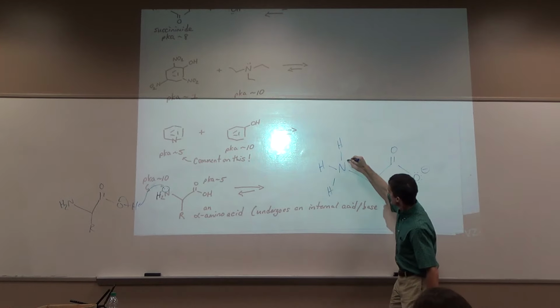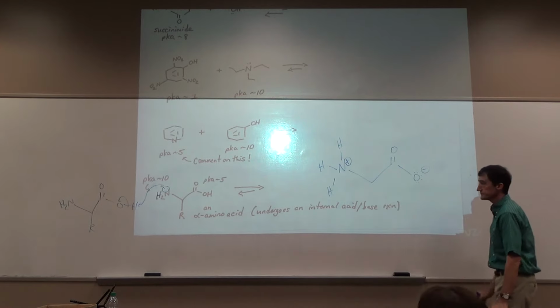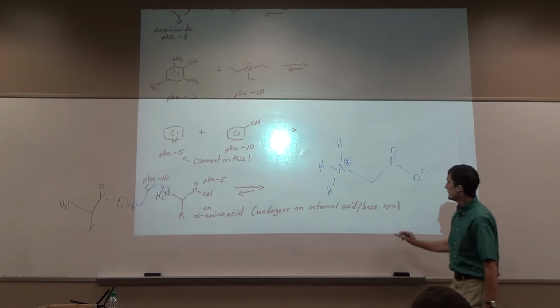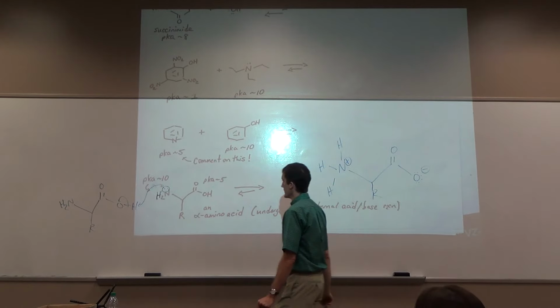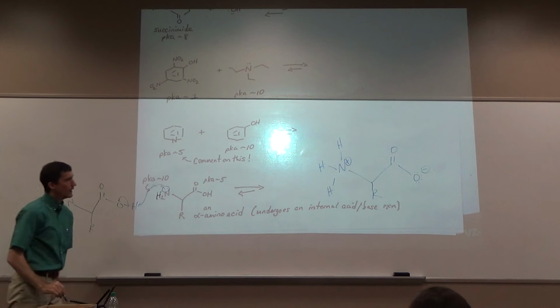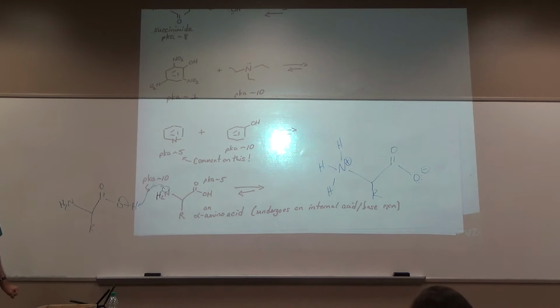That's minus, and that's plus. So we have an acid and a base internally here, within the same molecule. Perhaps there may be some attraction of the charges, and it may affect the conformation, which is on the next handout.